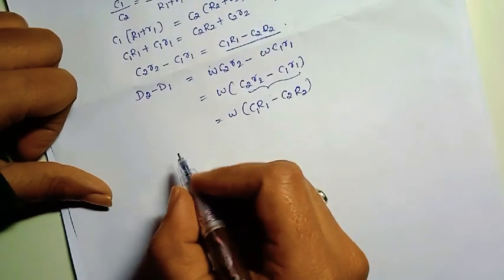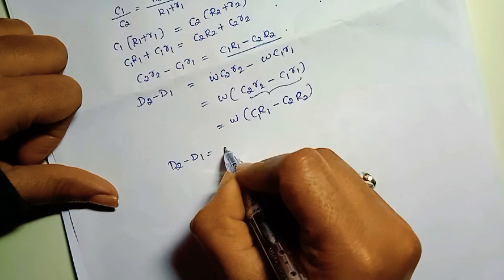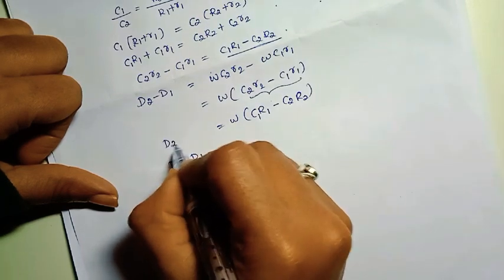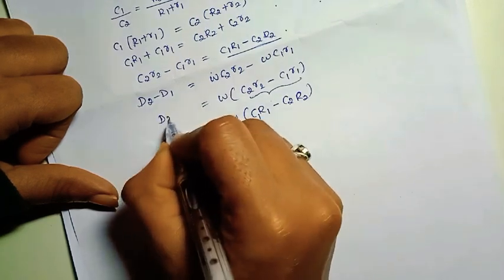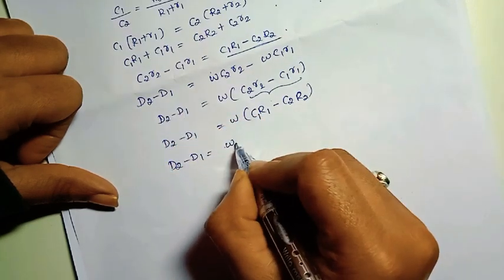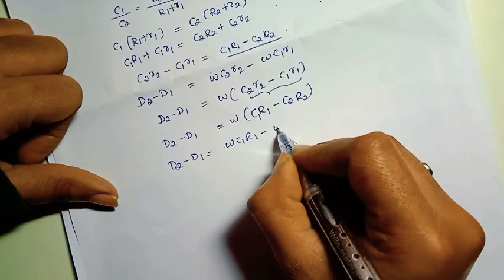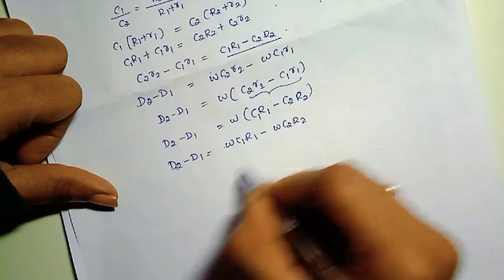Then D2 minus D1, now multiply omega C1 R1 minus omega C2 R2.